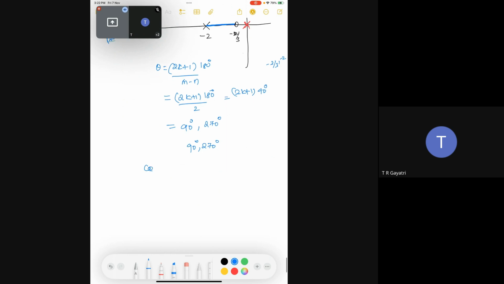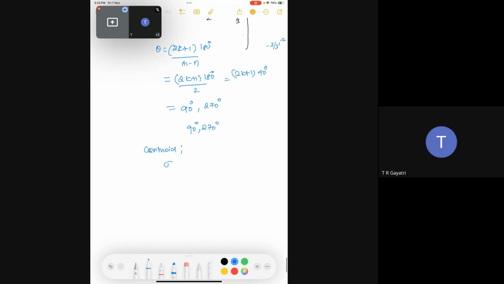So we should calculate the centroid to find exactly from which point it will go. Sum of poles minus sum of zeros divided by number of poles minus number of zeros. Sum of poles will be 0 plus 0 minus 2, minus of -2/3, so plus 2/3, divided by 3 minus 1, that is 2.